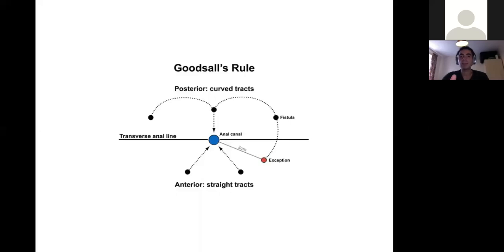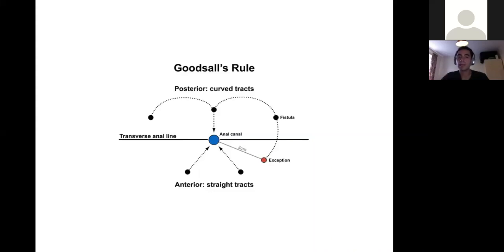If it is posterior, the fistula path follows a curved path as shown in this diagram, rather than a straight line compared to the anterior ones. In the case of the exception that we described, if the external opening is anterior, the fistula path is a curved path that opens into the anal canal where a posterior external fistula would.